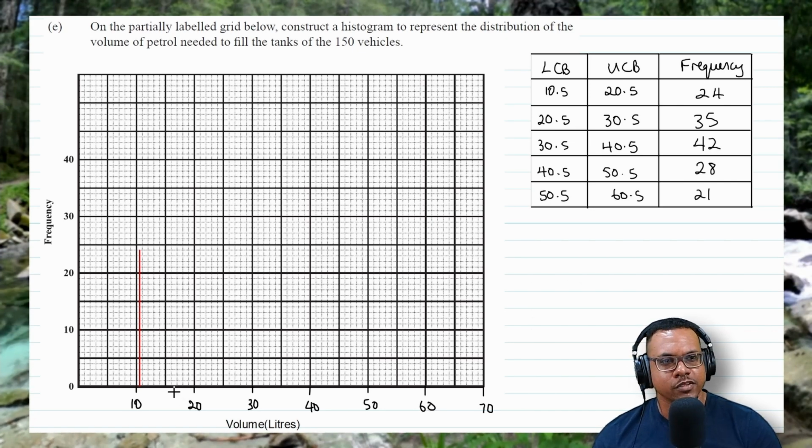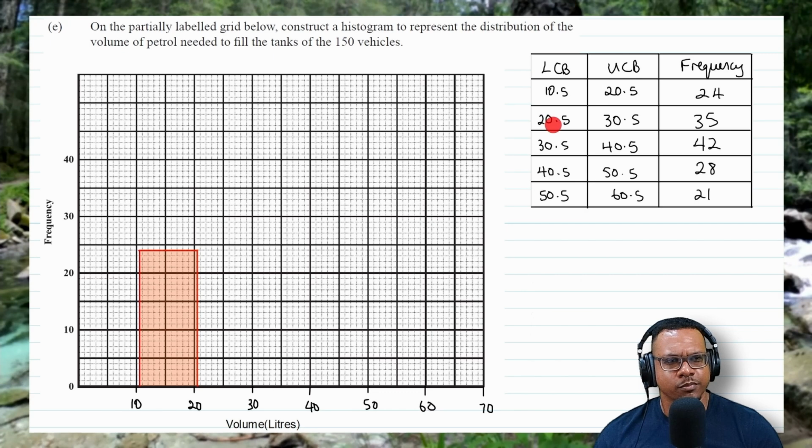And the width of this bar is going to be straight across to 20.5. So it's 20.5 here, going all the way up to 24. Let's draw a line, close it off here. So this is my first bar from 10.5 to 20.5, going all the way up to 24.